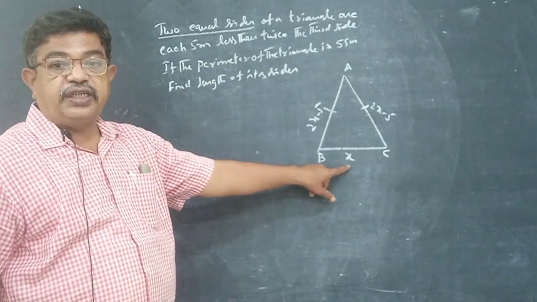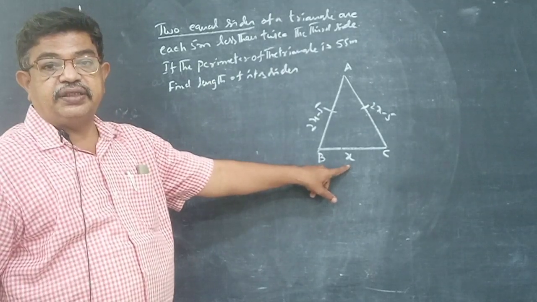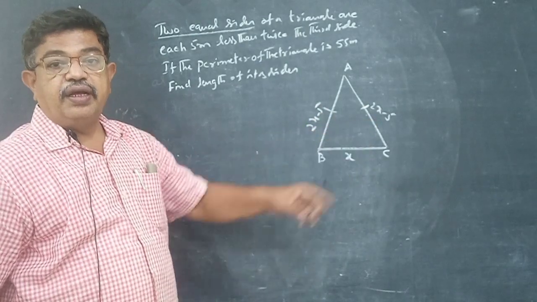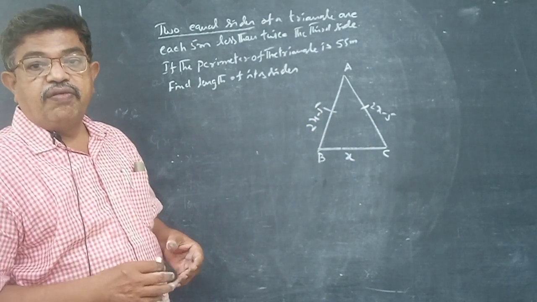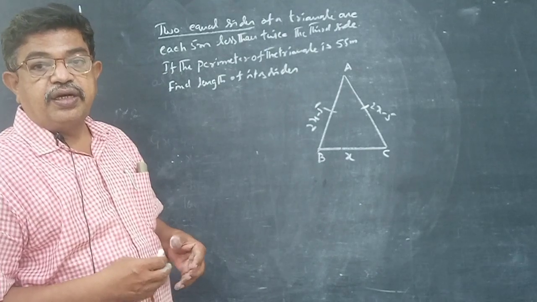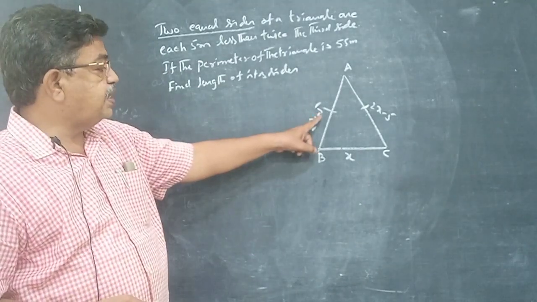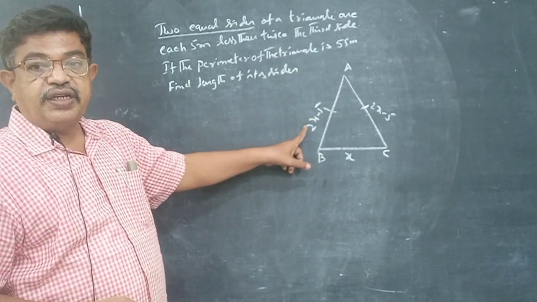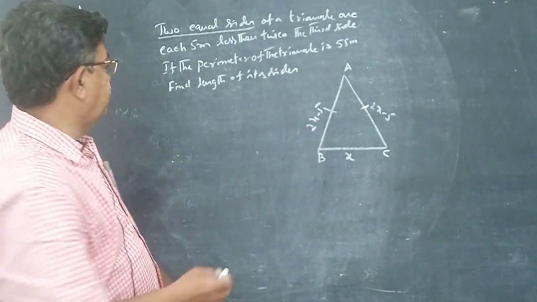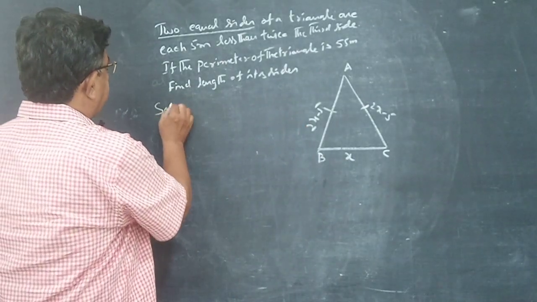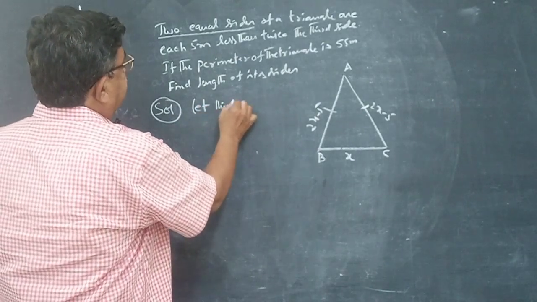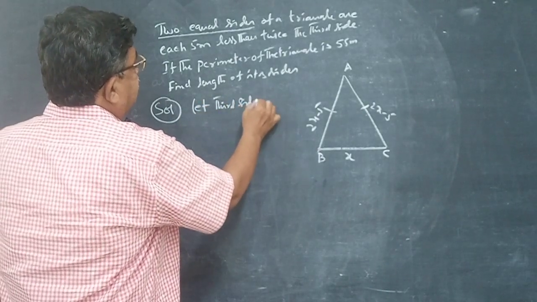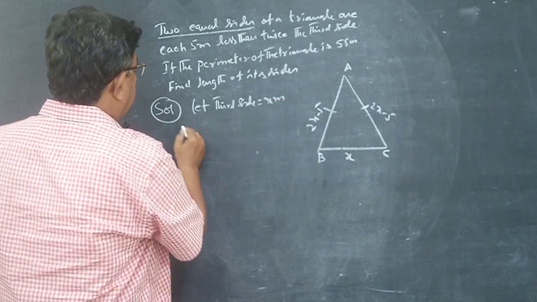So, I took three sides of a triangle, one side as x, the other two sides are equal, which are given by the condition 5 meters less than twice the third side. 5 meters less than means minus, twice the third side is 2x. So I start with that. Let the third side be x meters.